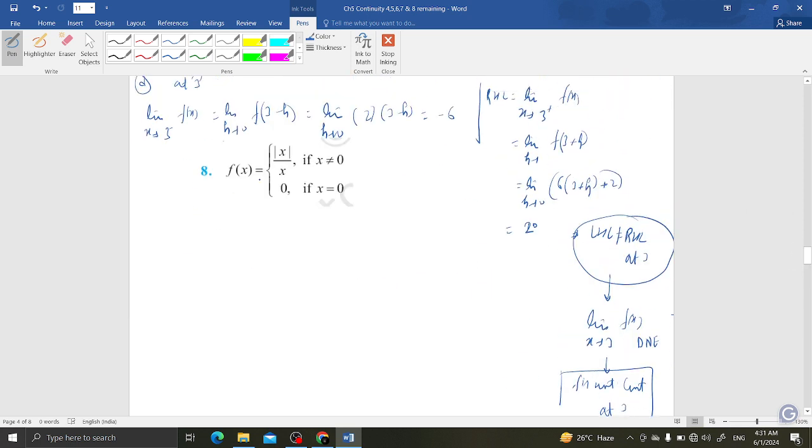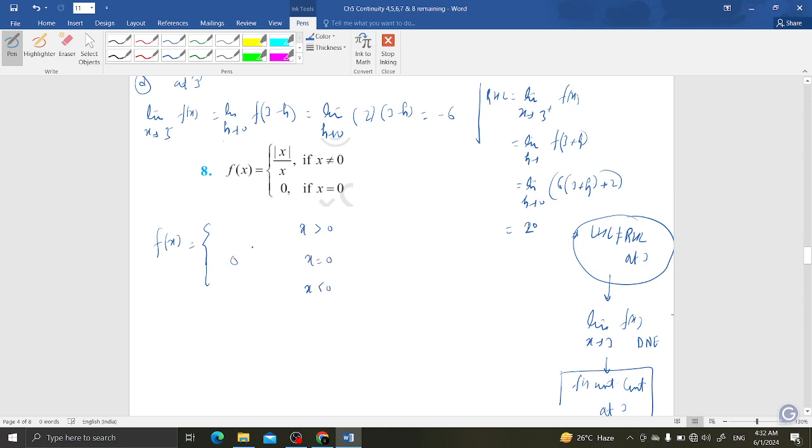What they are saying is that f of x equals mod x upon x for x not equal to 0, and if x equals 0 we have 0. First of all we will redefine it. Actually it is our known function, that is the signum function. So we can break it into x greater than 0, x less than 0, and x equal to 0.